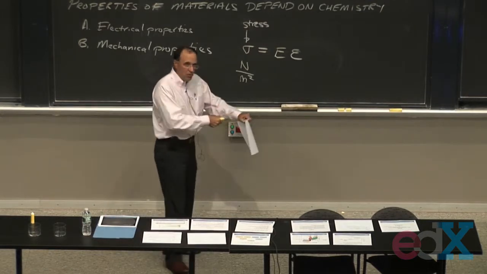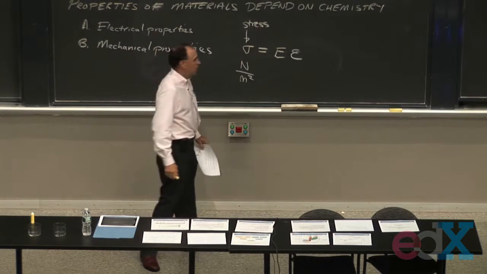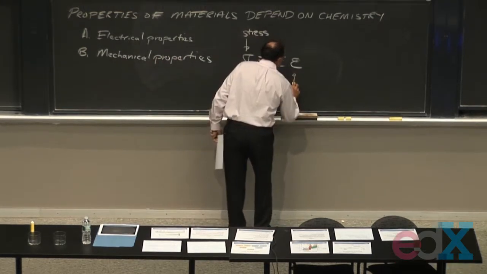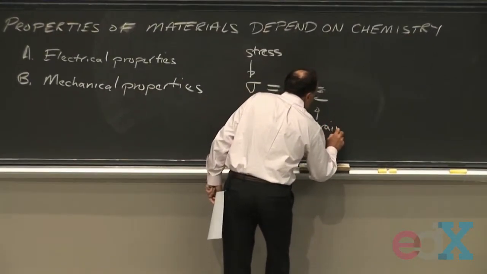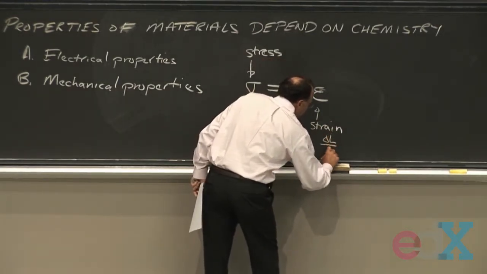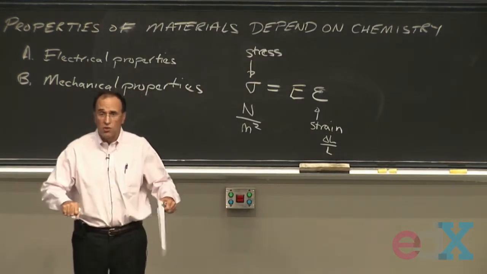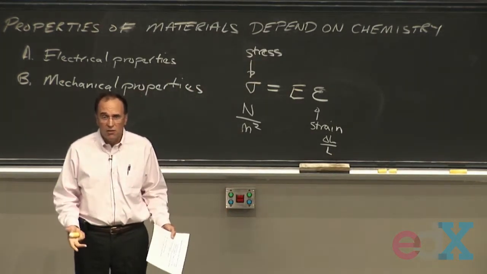And of course, if I pull on something, it stretches a little bit. And that's called strain. It's usually in percent, or delta L over L. Delta L is the change in length due to the stress divided by the length.